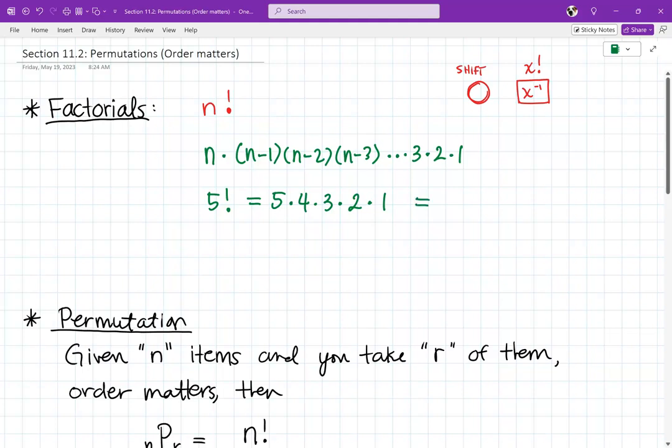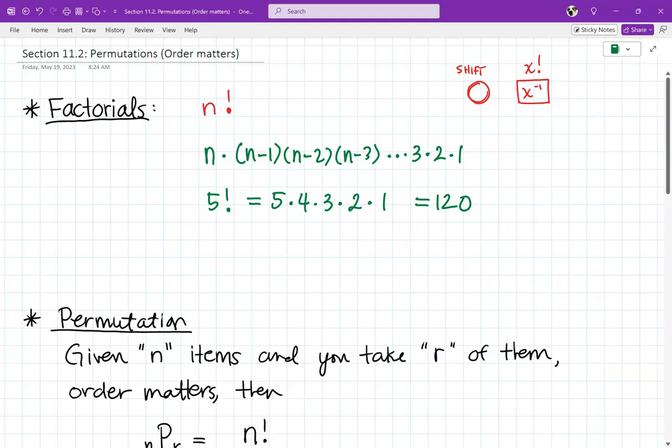So you can multiply it all out and get 120, or you can use a shortcut. For you guys, I'm not sure if you have to press Shift and the x to the -1 button first, or if you press the number 5 and then do that. Can you guys tell me which way it is?